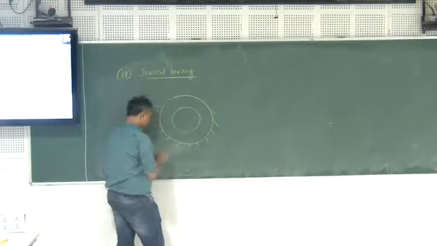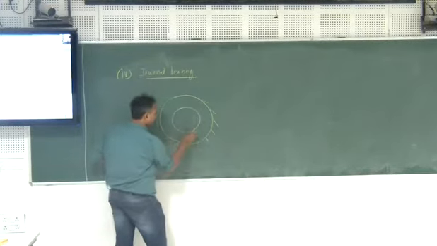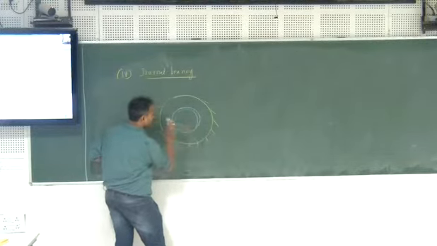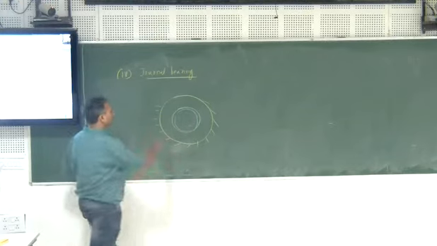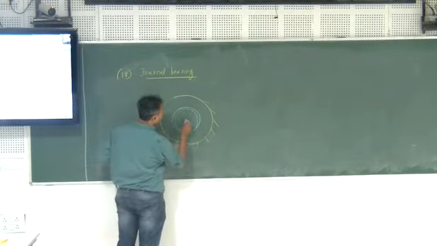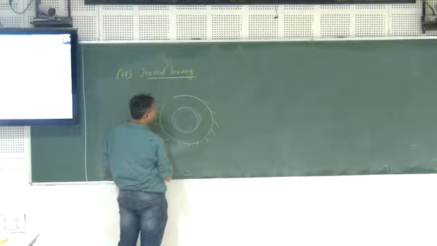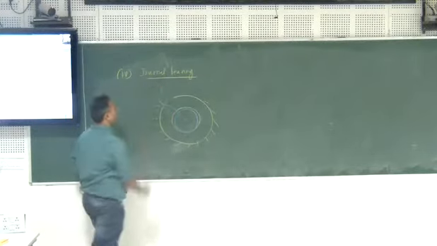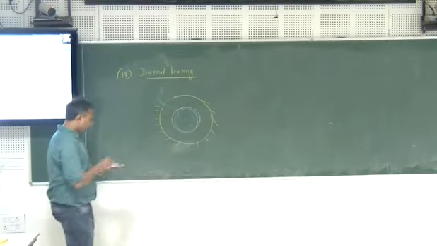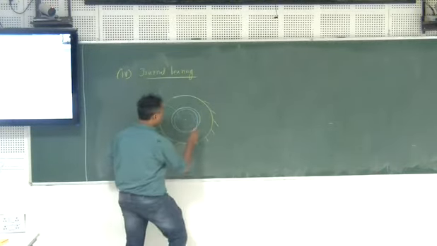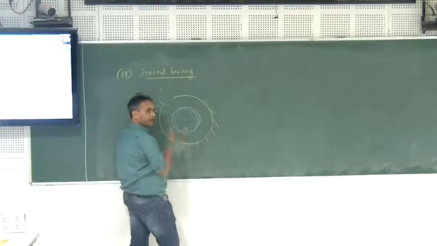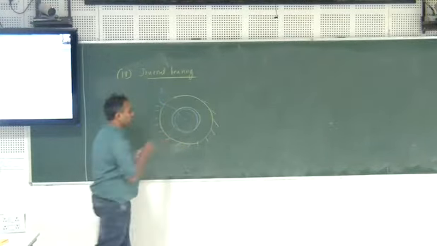So let us assume that your shaft is in contact with this particular bearing at this particular point, and it is rotating in this direction. And the radius of this particular shaft is, let us say, r. Now we just saw that since it is rotating, what kind of friction is there here?